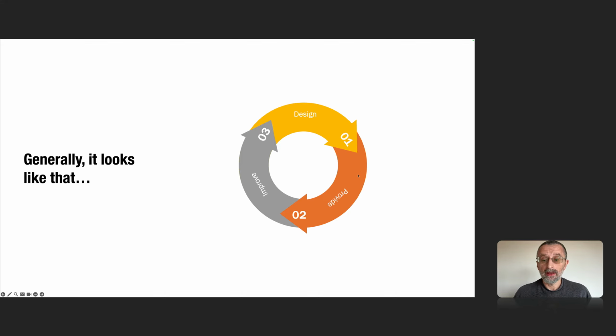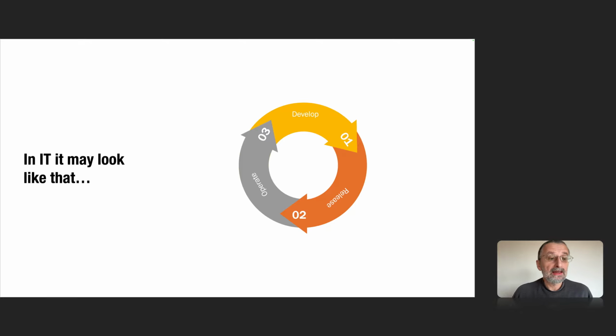Then you provide this to your users. They get version number 13, they use it and provide you with some feedback, and your model enters the new improvement stage. Obviously a very, very simple picture, but still you have the following stages: design, provision, and improvement.